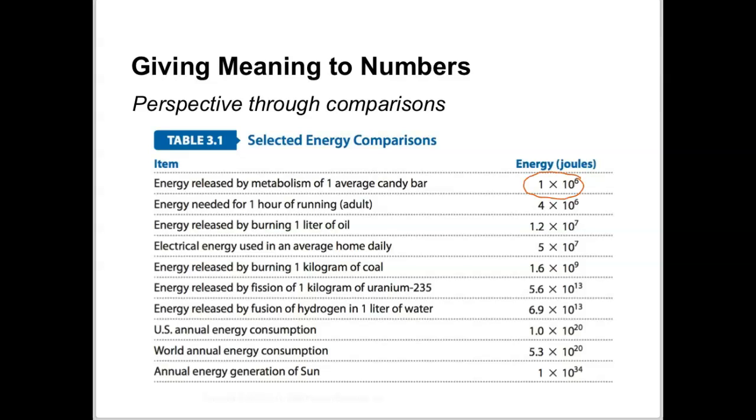The energy released by the metabolism of one average candy bar is about 1 million joules, which is 1 times 10 to the 6th in scientific notation, versus the annual energy of the sun, which is 1 times 10 to the 34th power. So a 1 followed by 34 zeros, which is a very large number.